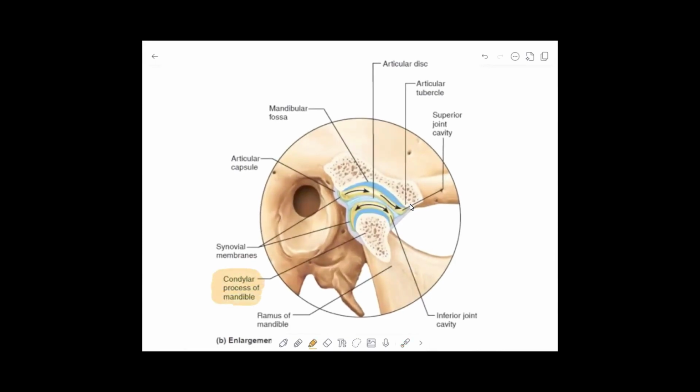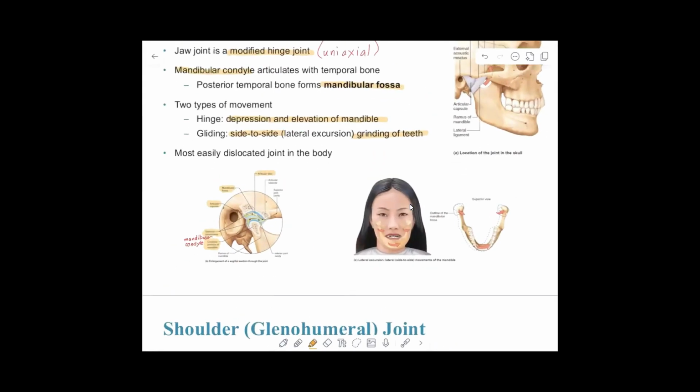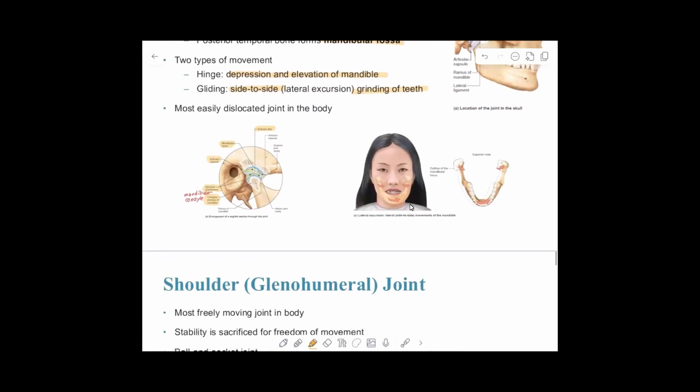We see the condylar process of the mandible, which is also the same thing as the mandibular condyle, so you can say it either way. You can see a lot of the supporting structures of the synovial joint are here, like the synovial membranes, articular capsules, articular disc as well, and then some supporting ligaments that we saw on the other slide.